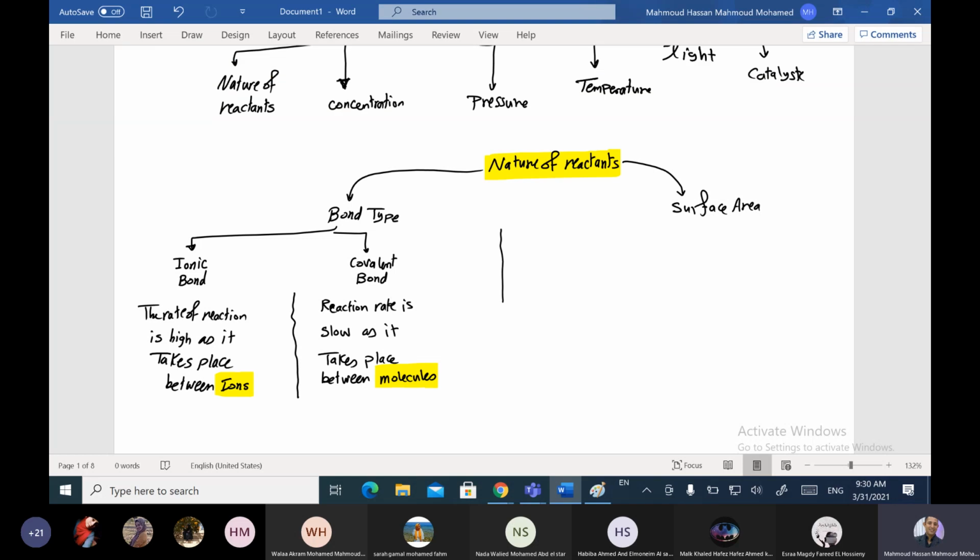For the surface area, we'll perform an experiment to determine the speed of the chemical reaction. Add 10 milliliters of diluted HCl to a test tube.